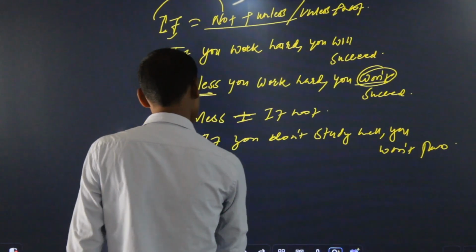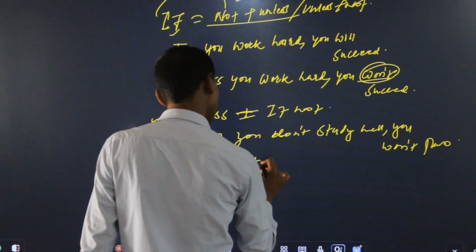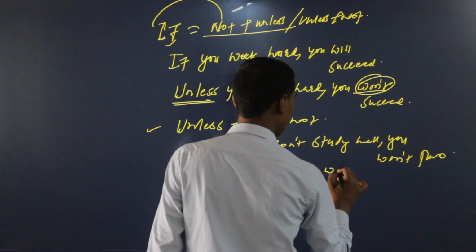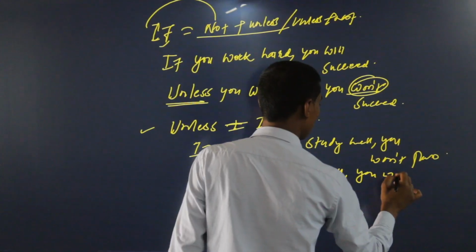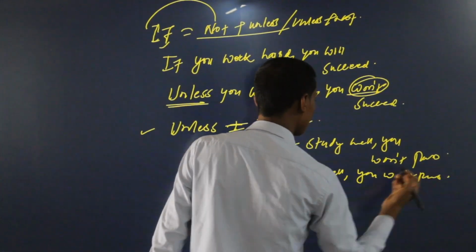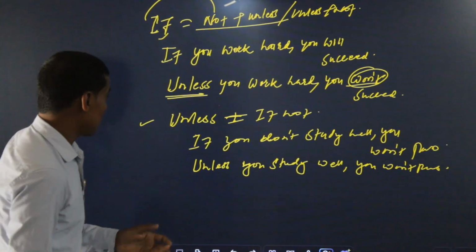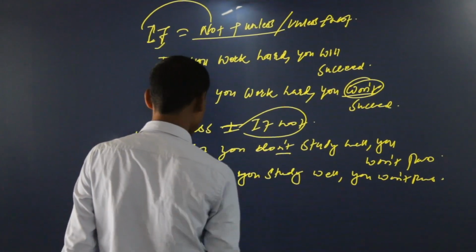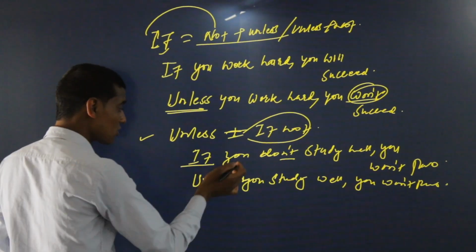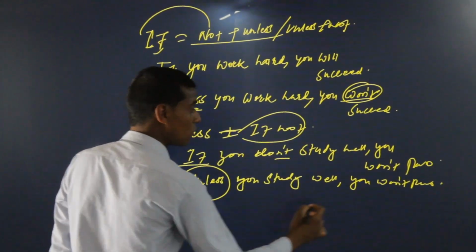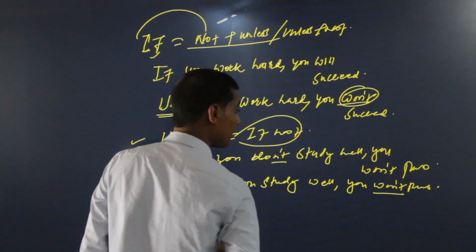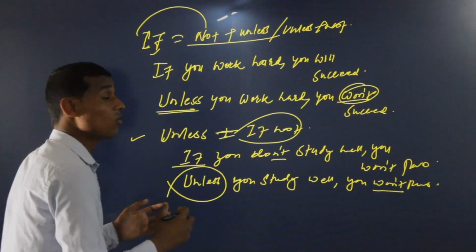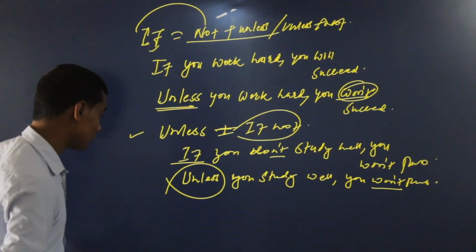So we can say unless you study well, you won't pass. Now you can see that we have used if plus not, and we have changed if plus not to unless. Both of the sentences are negative, but negative plus negative makes out a positive sense over here.